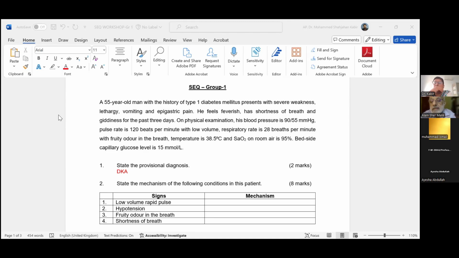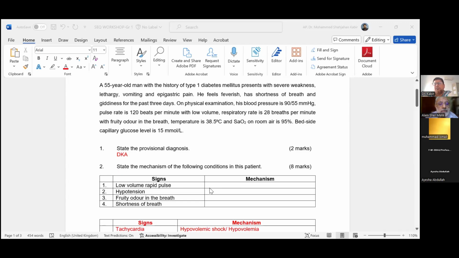Let's say this group and Prof. Kabir, if a student gives a different answer for your question 1, would that change the subsequent questions? Let's say rather than DKA, they say something different. Not really, sir.